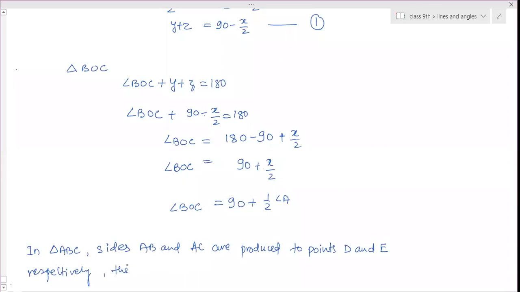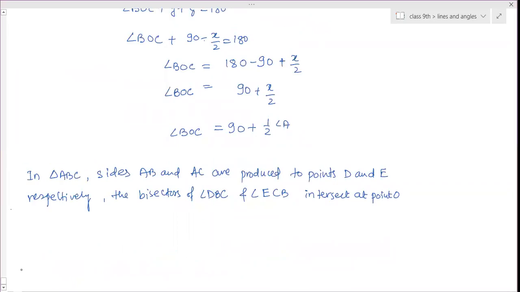The bisectors of angle DBC and ECB intersect at point O. Prove that angle BOC is equal to 90 minus half of A.